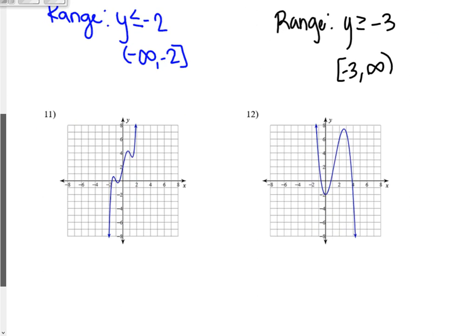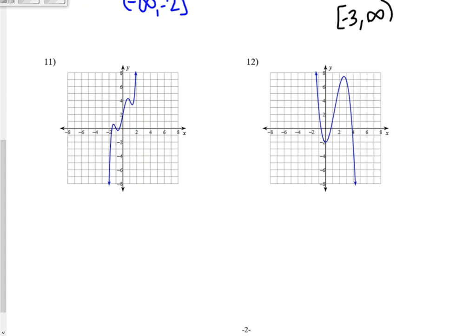On number 11, we're not going to be able to identify that type. It kind of looks like a cubic, but that extra hump in there will actually make it something different. But our domain, I can tell that this graph is going to the left and it is going to the right forever. So again, my domain is all real numbers. Remember, we said all of our polynomials will have a domain of all real numbers.